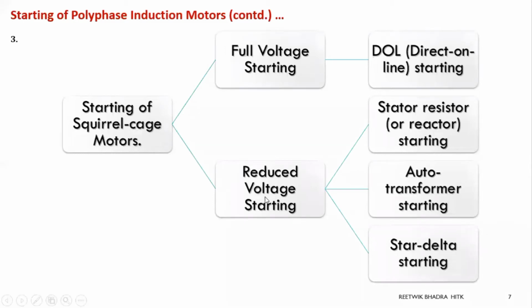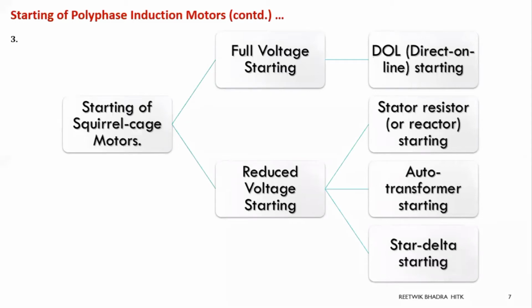So you can see that if I reduce the voltage, my current will reduce. That means my starter is working correctly. The main function of the starter is not violated, it is reducing the current, but it will also reduce the torque. If the torque is reduced to a very low value, it may not be sufficient to start the induction motor. So that is the problem of reduced voltage starting. But keeping that in mind, we have to make a compromise between starting torque and starting current.